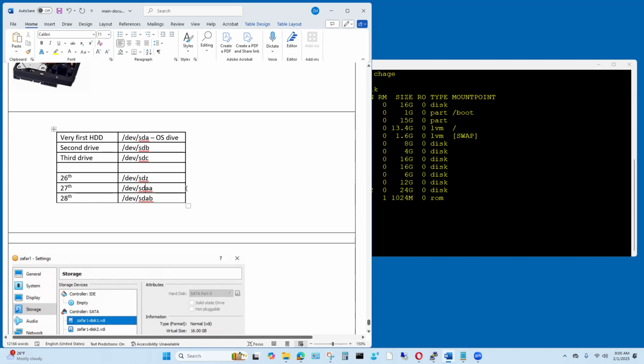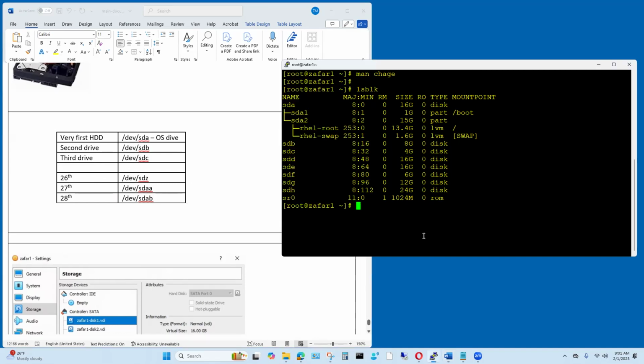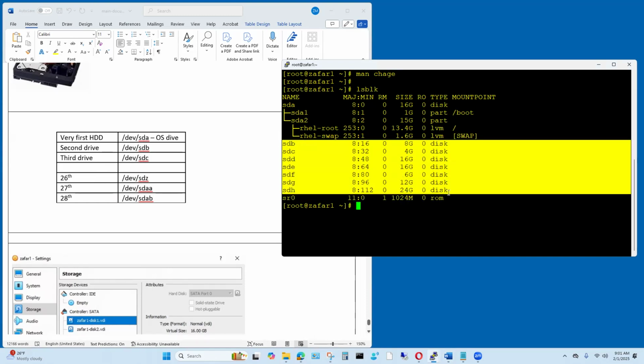If you want even more, you could. I have seen no more than 12 or 13, but the Linux operating system could handle that. So you got the idea how many it could handle. Right now, everybody should have 8 disks.